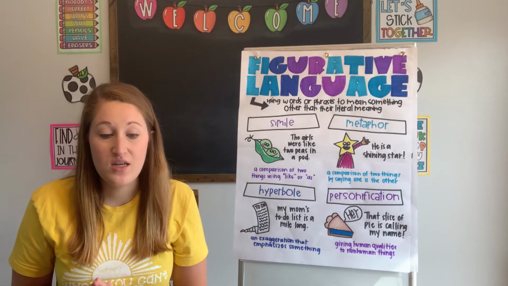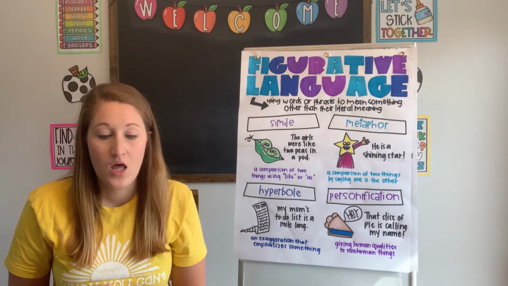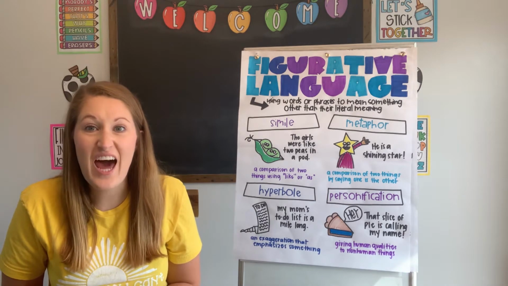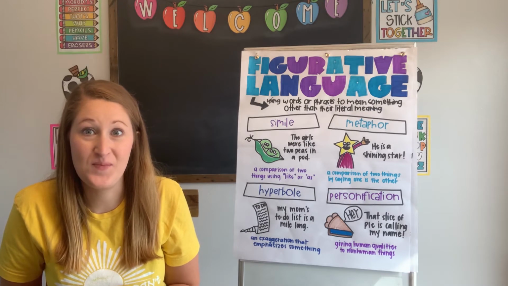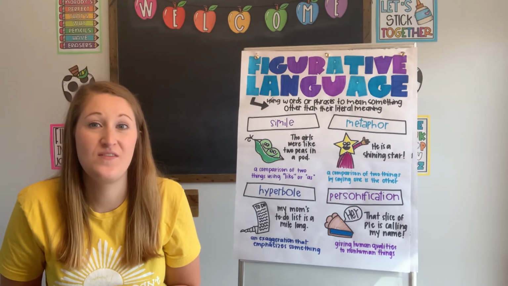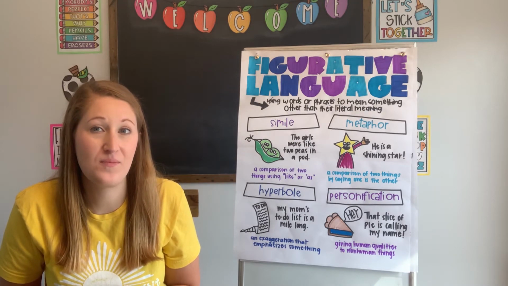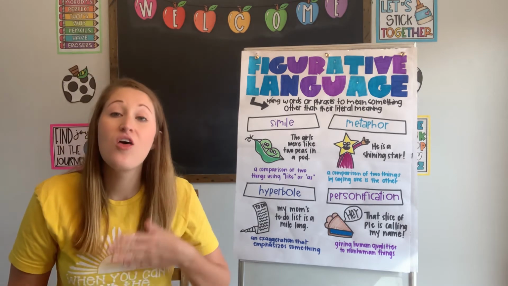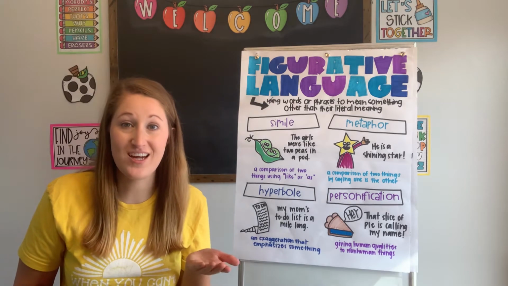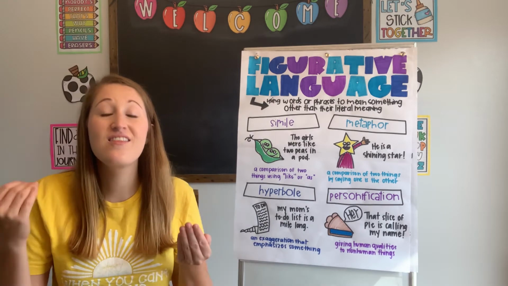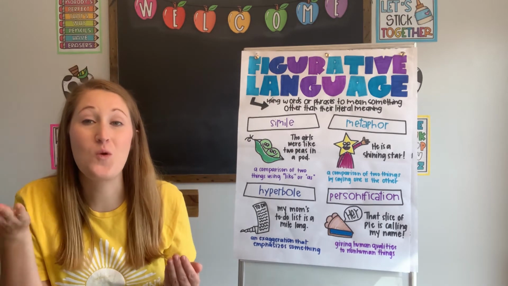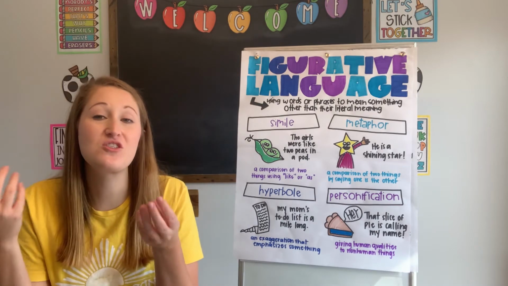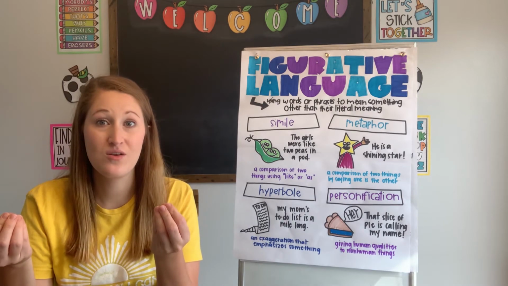Okay, here's another one. The tiger's roar was as loud as thunder. What's being compared here? Good. The roar of the tiger, right? To what? The thunder, right? And the noise that that creates. So we're comparing 2 different sounds, right?